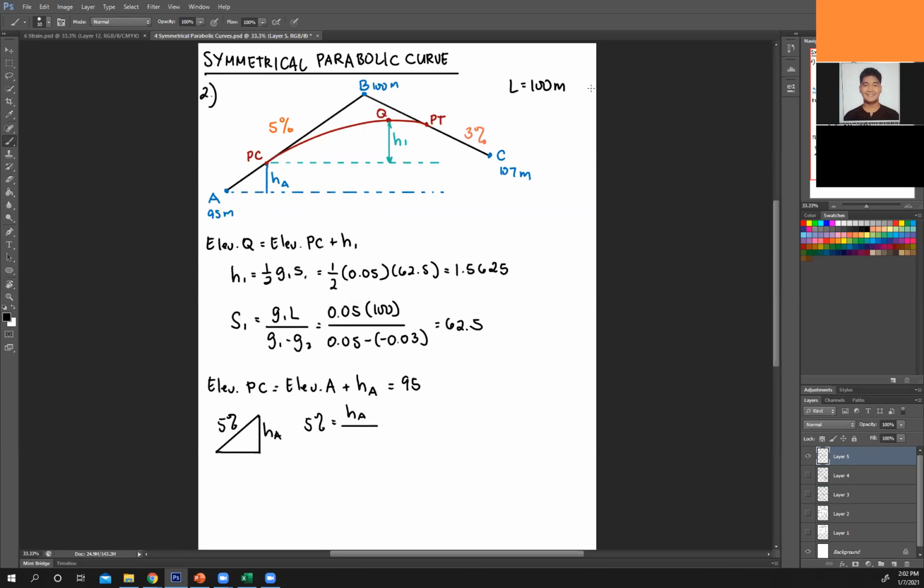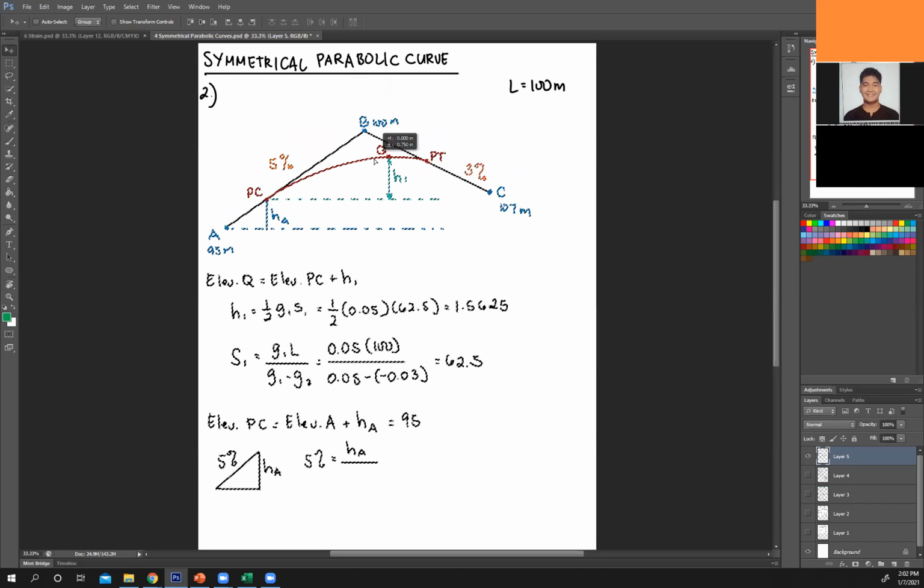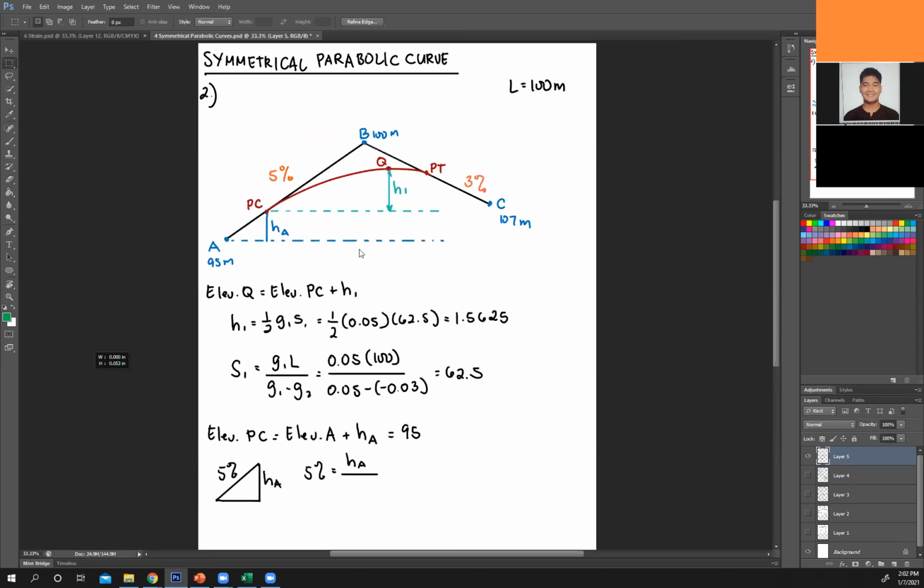Now usually when you're given these lengths right here, everything will be divided evenly. So meaning, let me just move everything downward. Let me just move PC to make things easier.